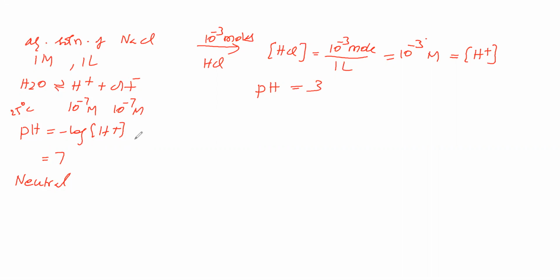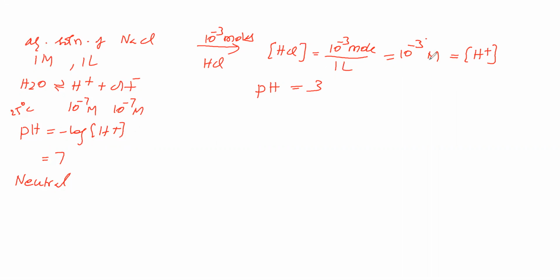You see the pH. The pH of this solution is 7, but the pH of this solution is 3 due to addition of HCl. Here, however much HCl you added, that much is dissociating to give H plus. The produced H plus ions are present free in the solution.